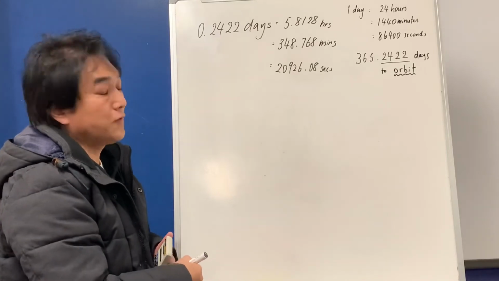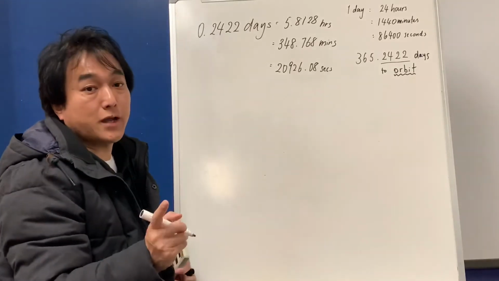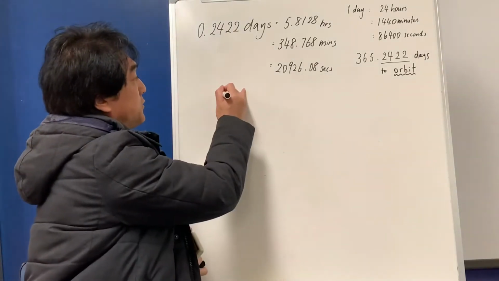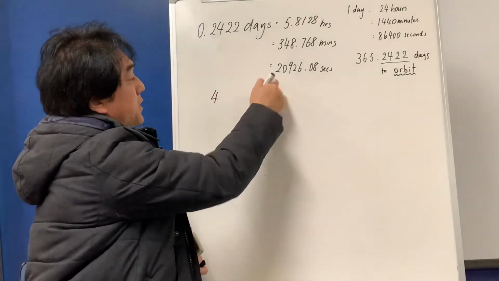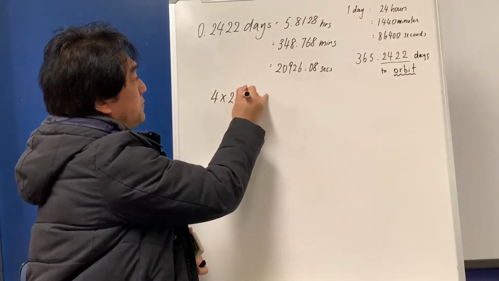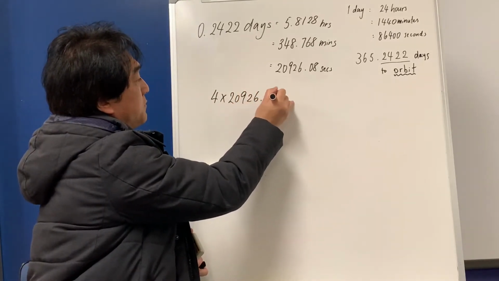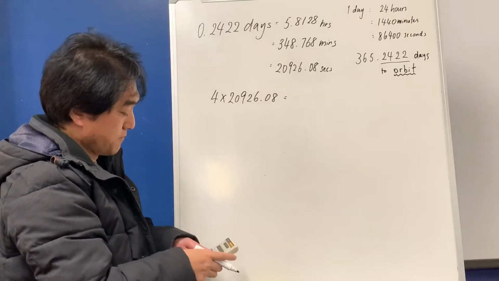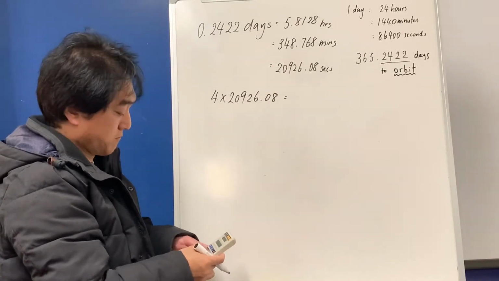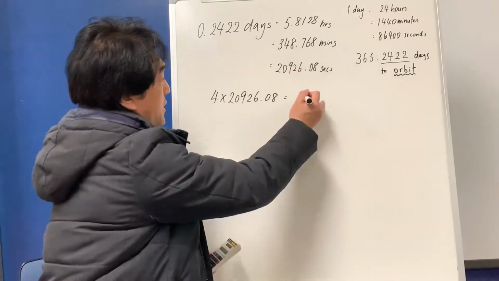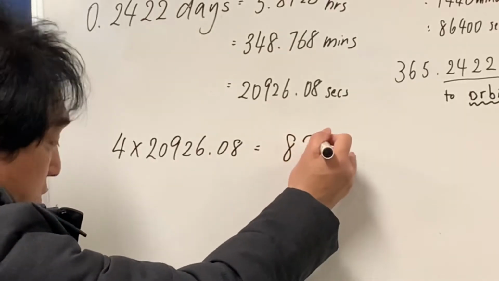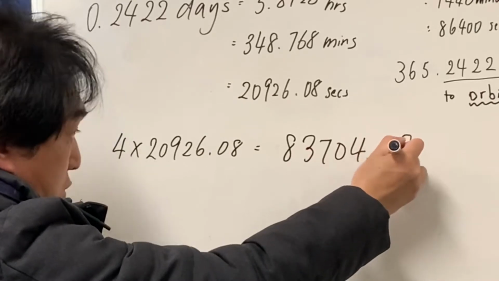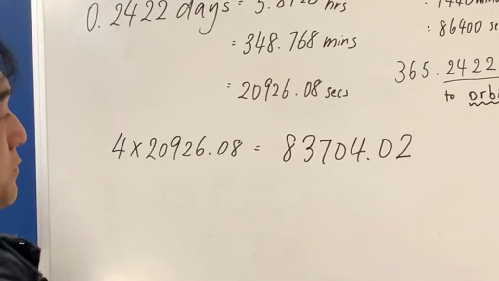So every 4 years we have an extra day. That's a leap year day, which is the 29th of February, right? So I'm going to multiply that by 4. That's 83,704.32.